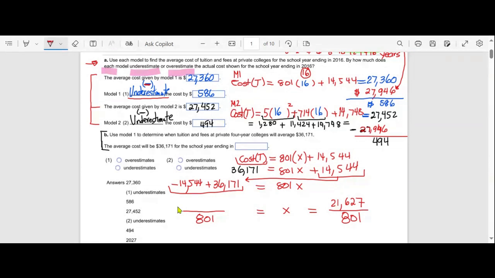Strange, I got a different answer. I got 50,715. Do it again. We do just the subtraction, right? Only subtraction, that's all you have to do. Minus 14,544 plus 36,171.